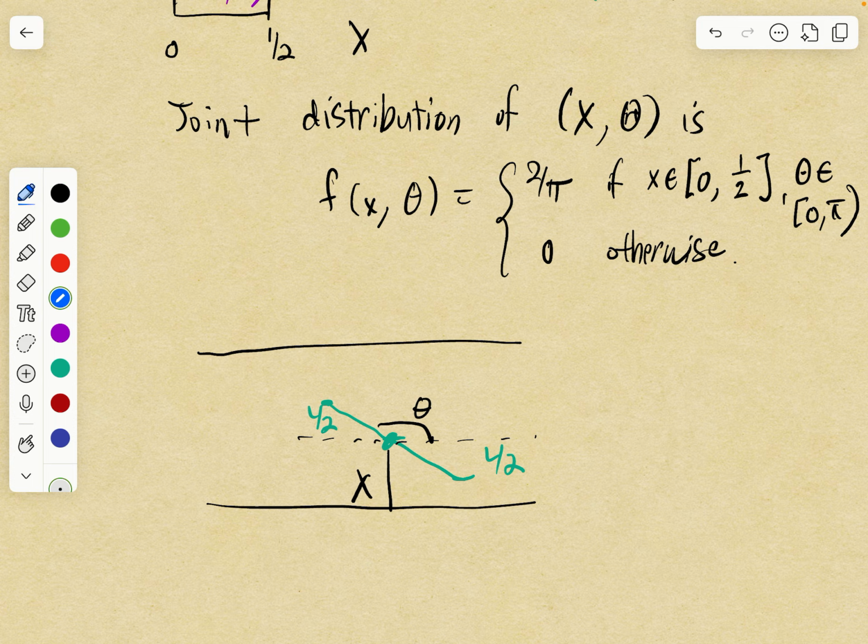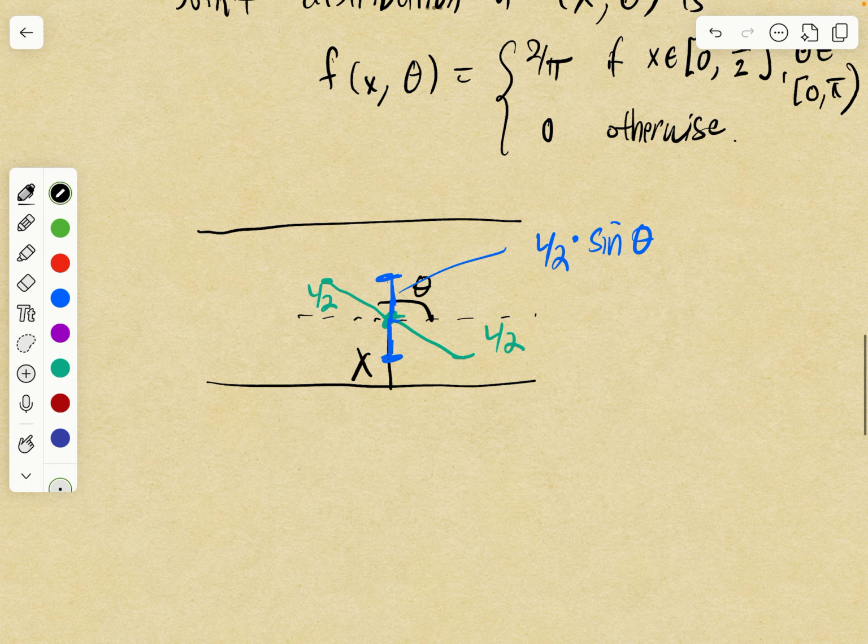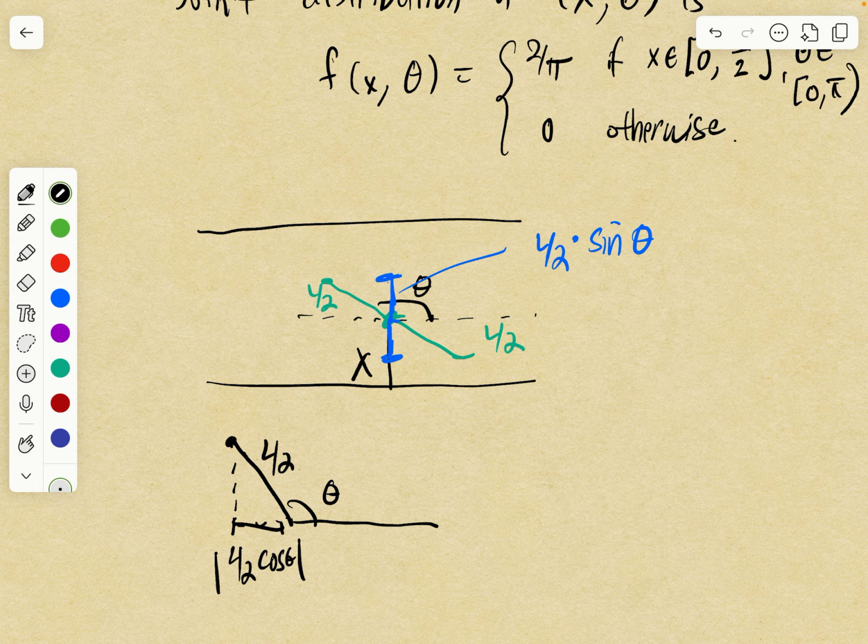So this vertical distance is L over 2 times sine of theta, because in this triangle, this length is L over 2 cosine theta, or the absolute value, and this length is L over 2 sine theta.